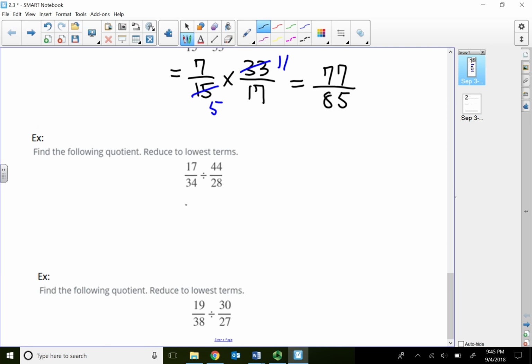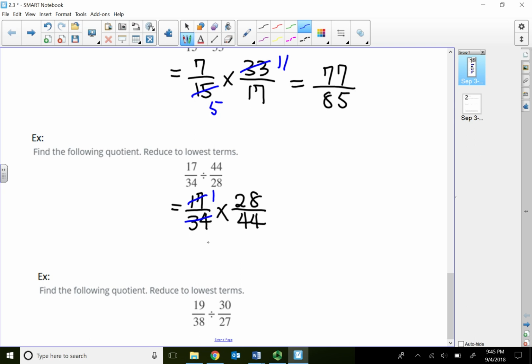All right, let's take a look at this one. Dividing by 44 over 28, so that's 17 over 34 times the reciprocal, 28 over 44. Let's think about this. 17 and 34. Isn't 17 times 2 is 34? Yep. So 17 and 34 can be reduced by 17.